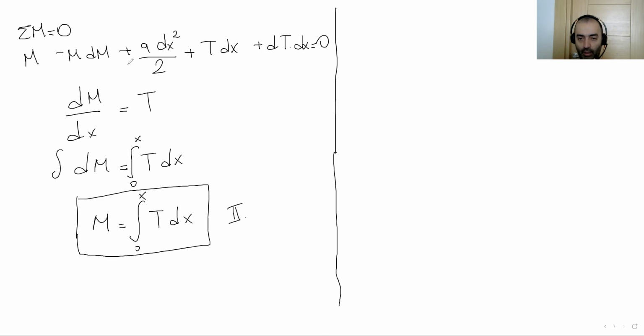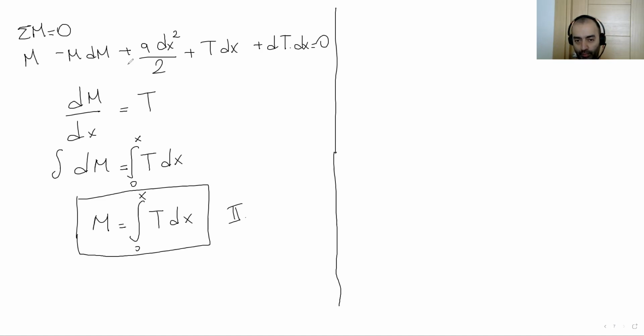I know the moment at the start point. I have the shear force diagram, calculate the area on top of the existing moment and get the resultant moment value. This is the rule.